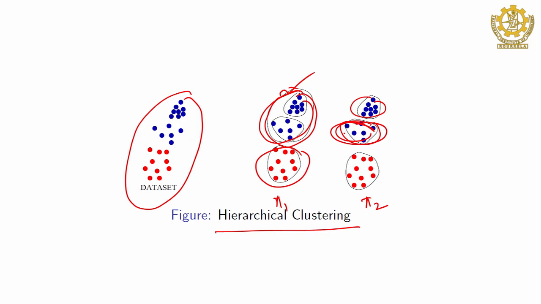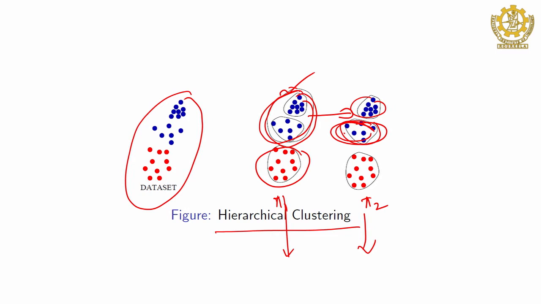I am saying across the clusterings: this is one clustering, this is another clustering. Within a clustering it is partitional, but if you take the relationship across the clusterings, this type of relationship will be there in the case of hierarchical clustering.